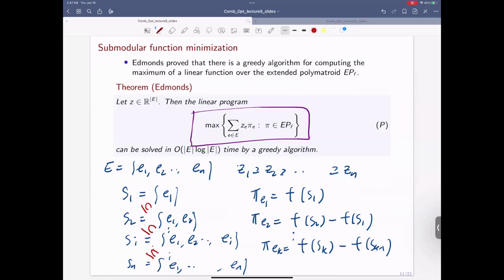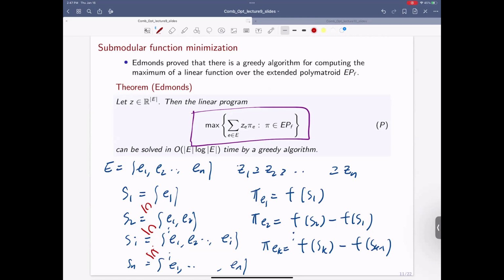You add an inequality to your description, add a cut, solve that LP, get a solution, and solve the separation problem using this greedy algorithm. If there's a violated inequality, you add it, resolve that LP, and repeat. This approach is actually quite fast.